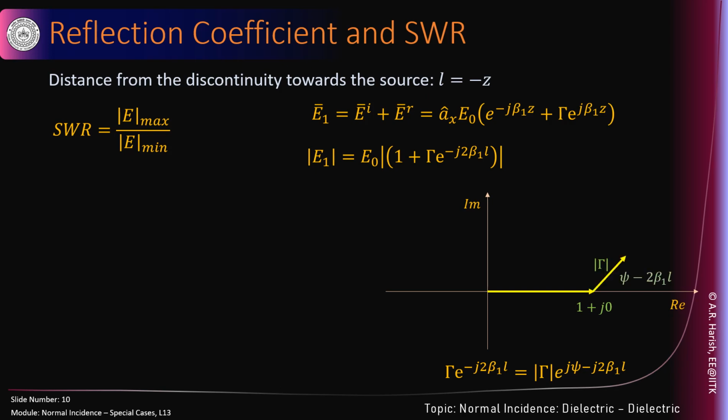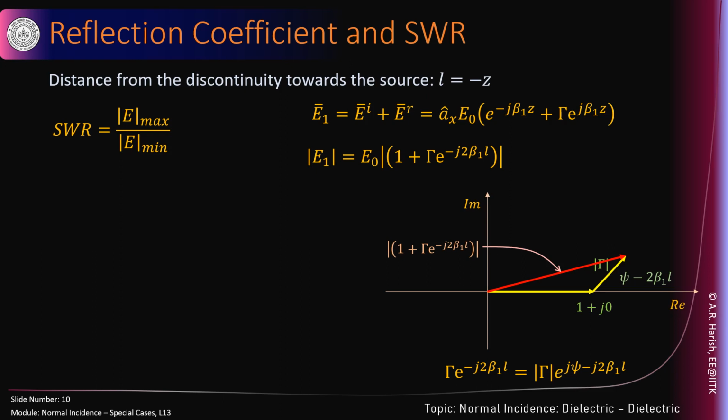Therefore, I'm going to plot a vector of length mod gamma making a phase angle psi minus 2 beta 1 L with respect to the real axis. Okay, then what is 1 plus gamma e to the power of -j2 beta 1 L? It is that quantity, that red arrow there on the screen.